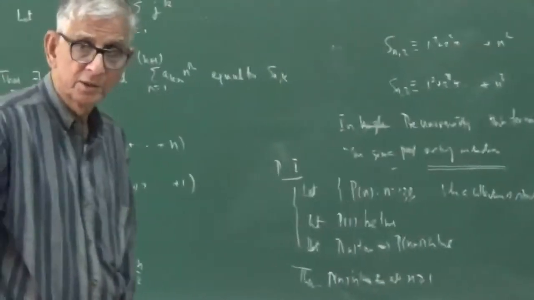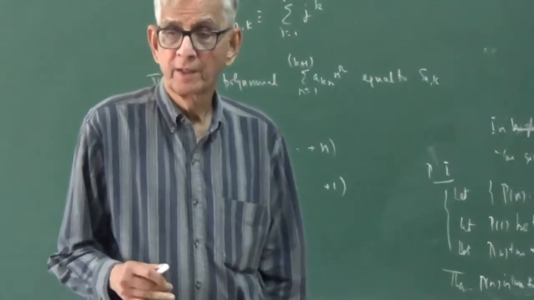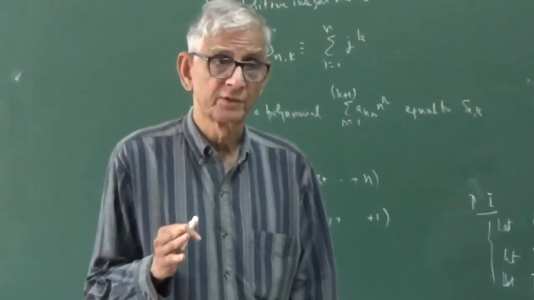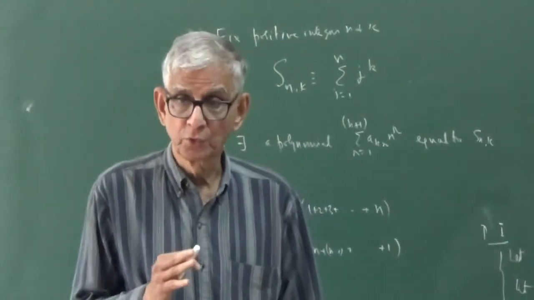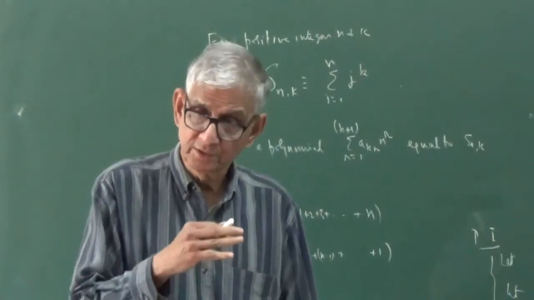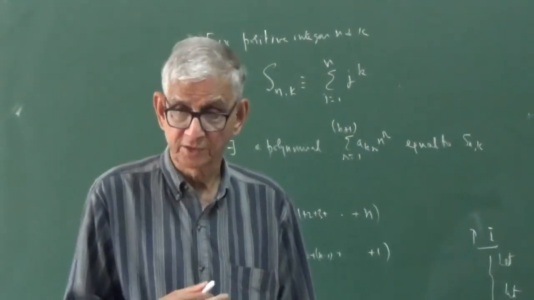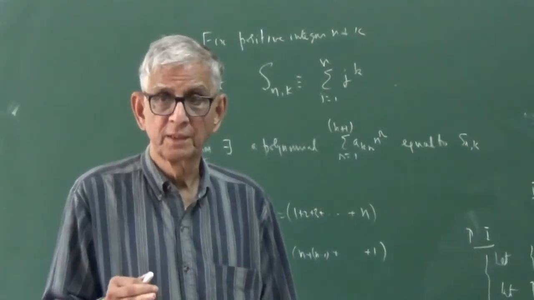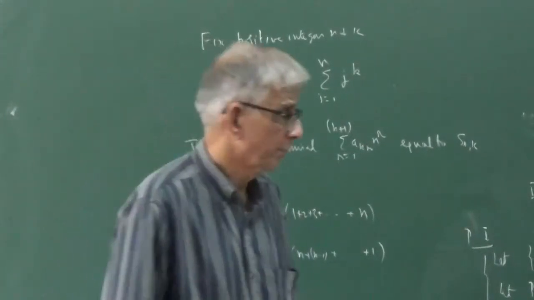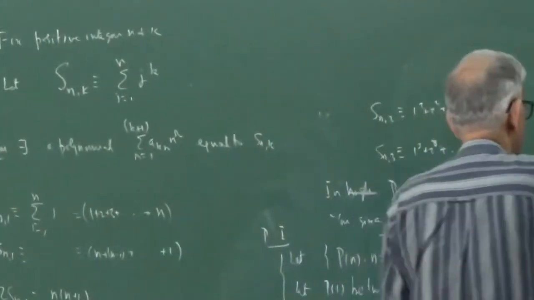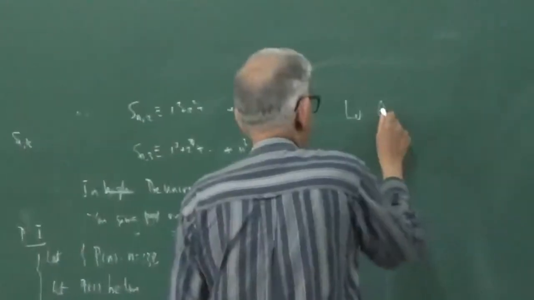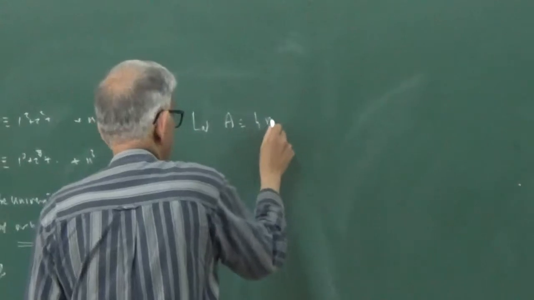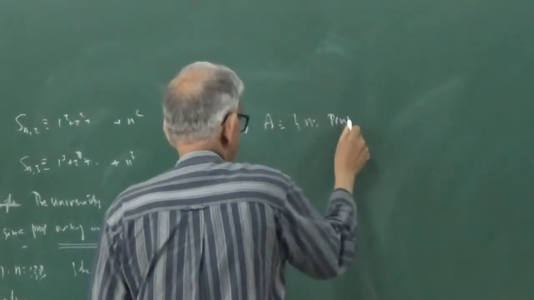Now it turns out that this principle of induction follows from the greatest lower bound property of the integers. It's crucial that you can prove this principle of induction as a theorem from a property imposed on the integers, namely the greatest lower bound property. So let A be the set of all n so that P of n is not true.